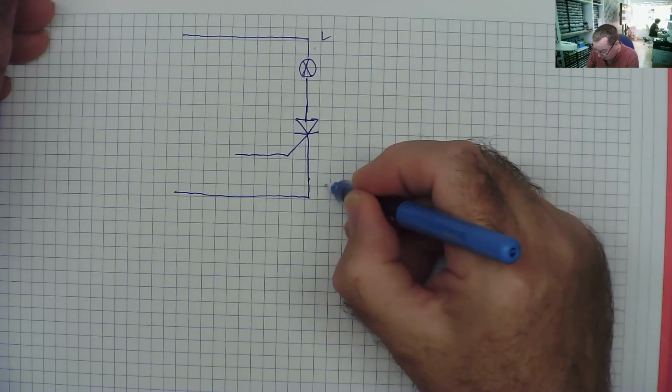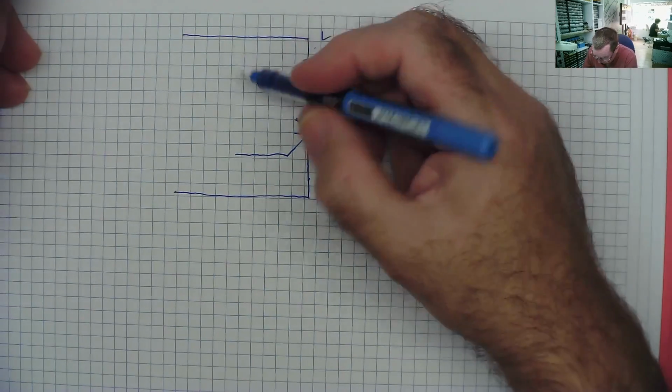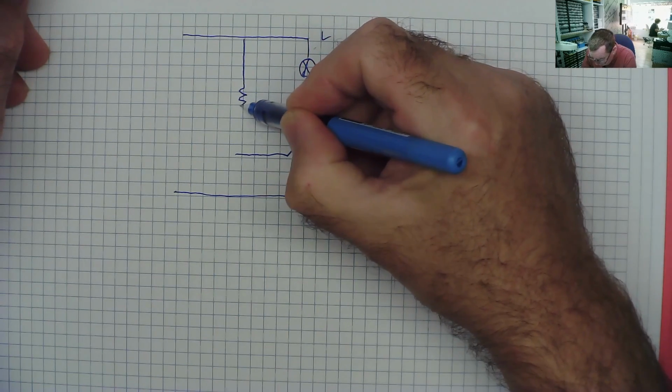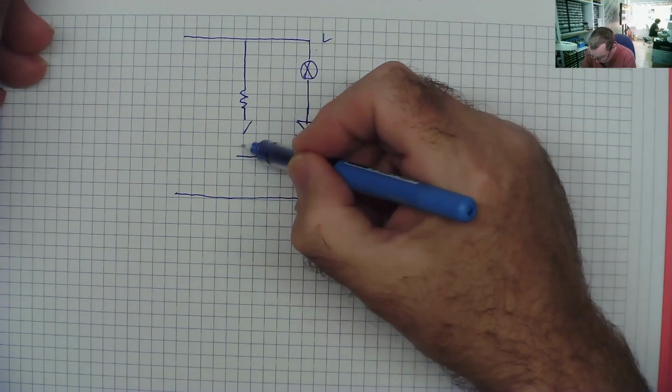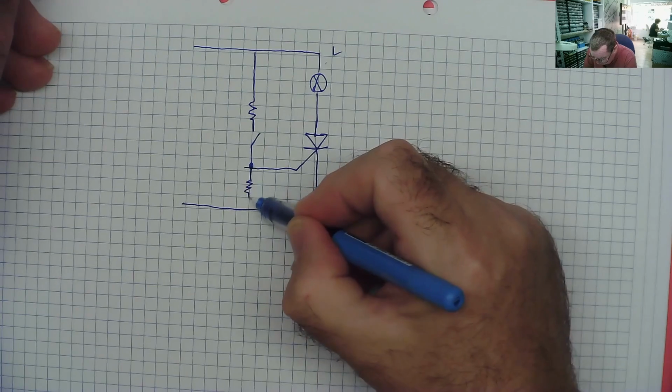We have live, neutral, AC voltage, 220 volt light bulb, and in here you can put a resistor with some sort of switch, which could be a transistor or something similar to here, and here another resistor to ground.